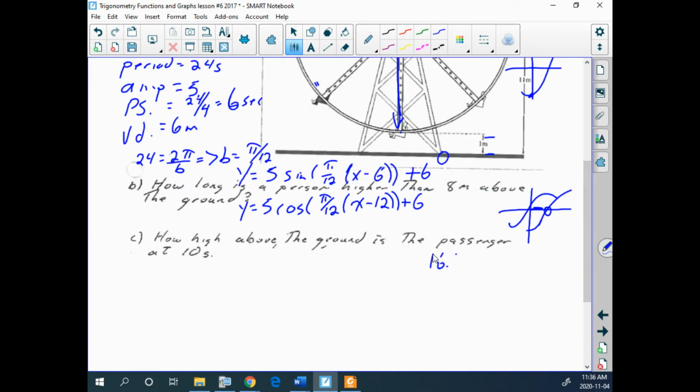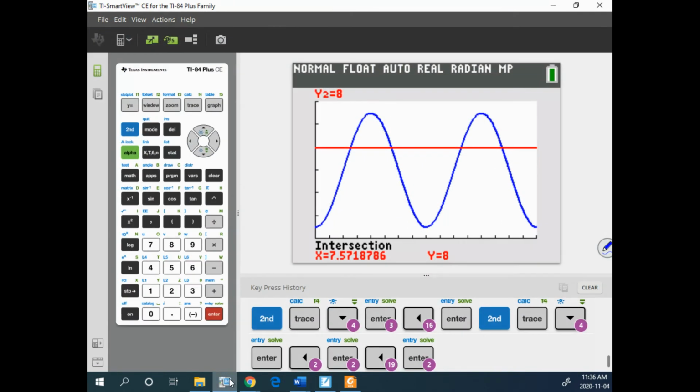So 16.4 minus, I forgot what it was, 7.6.